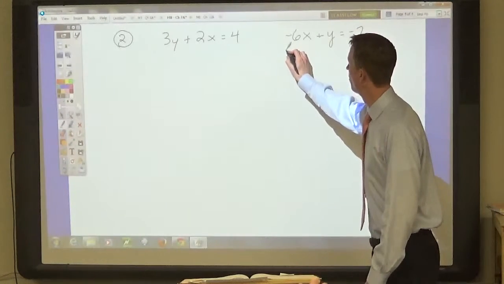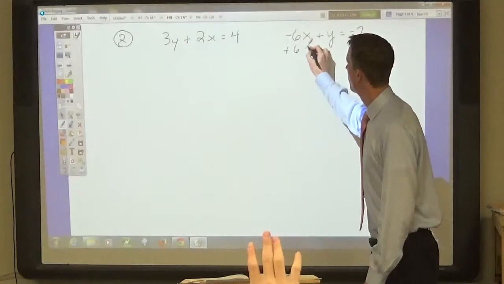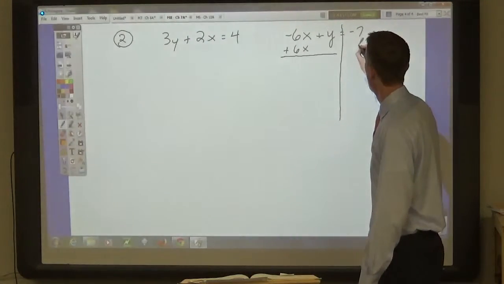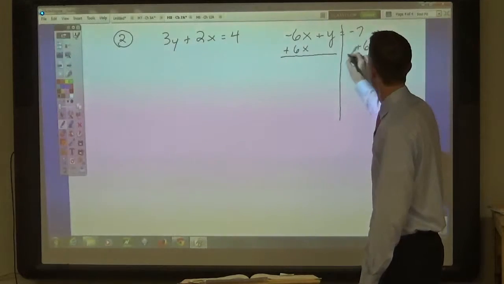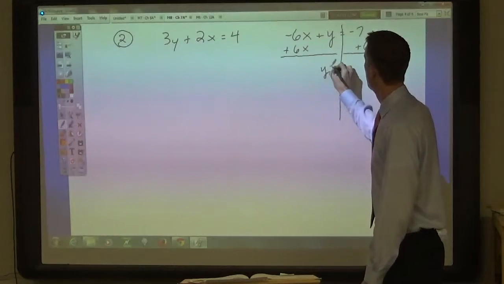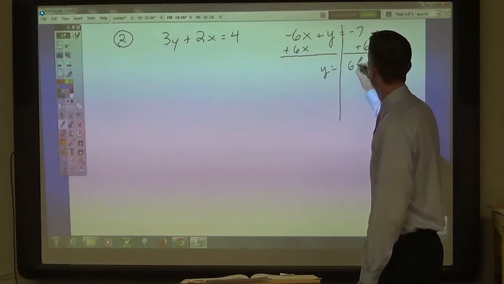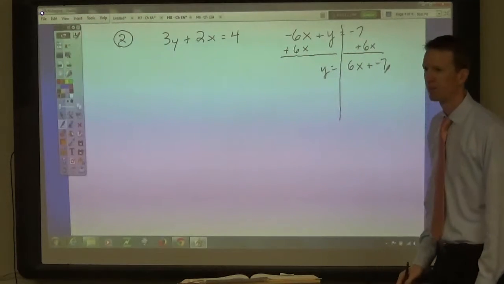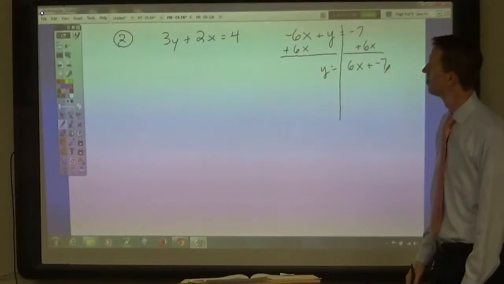So let's say we get rid of the 6x on this side and add it to this side. So then y equals 6x plus negative 7. Right?